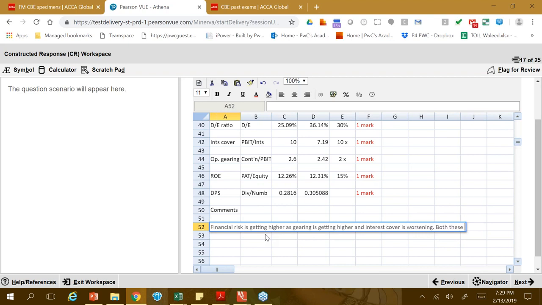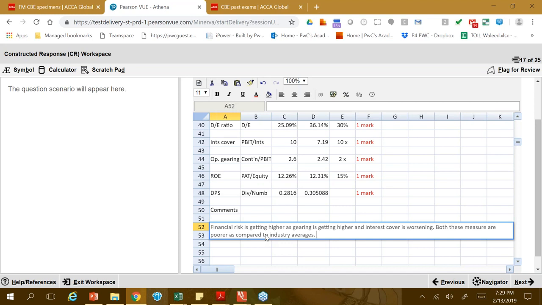Both these measures are poorer as compared to industry averages. Just a comment saying that what is happening to the financial risk.